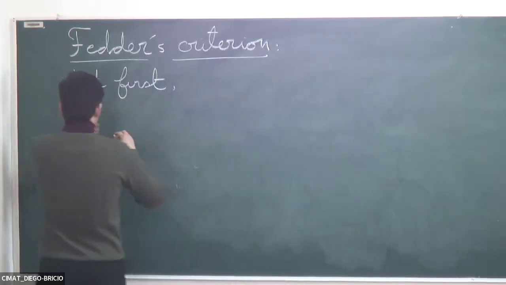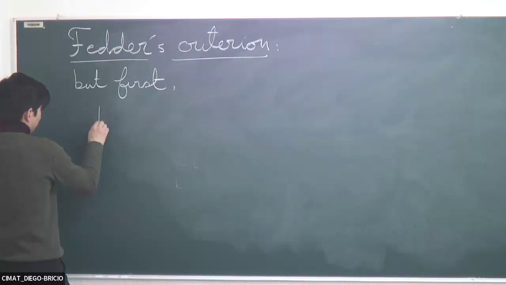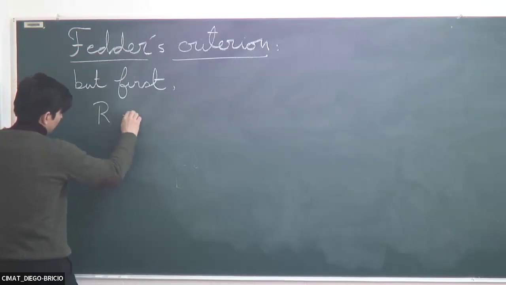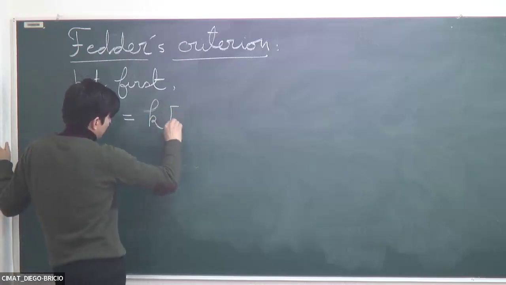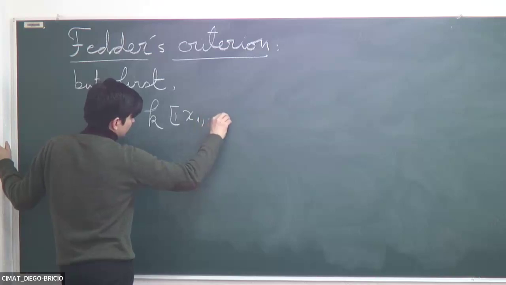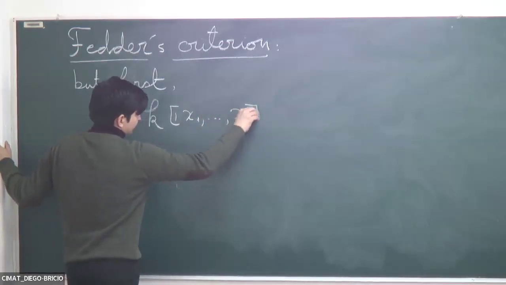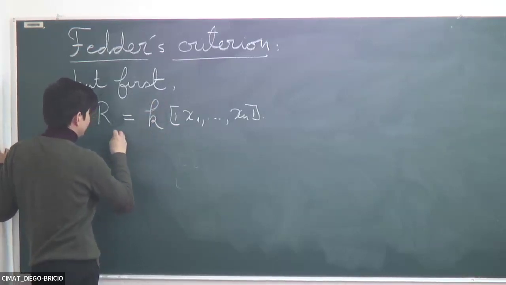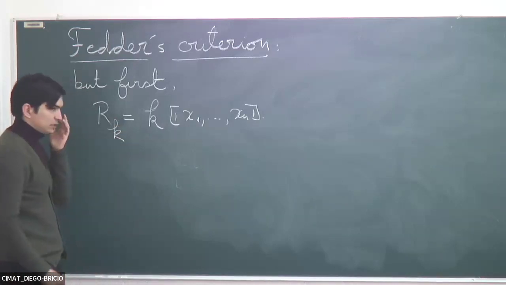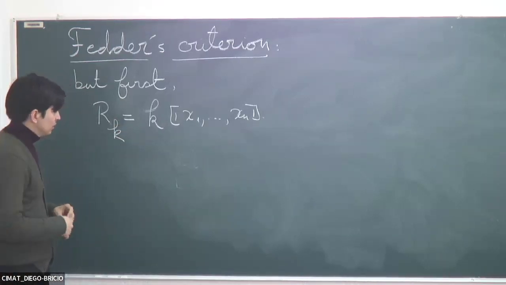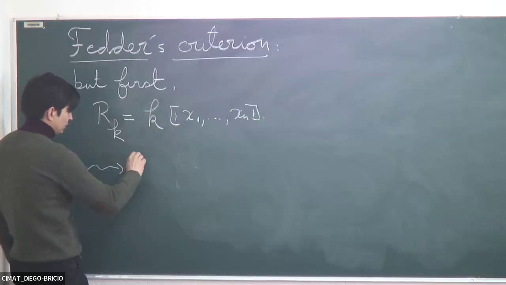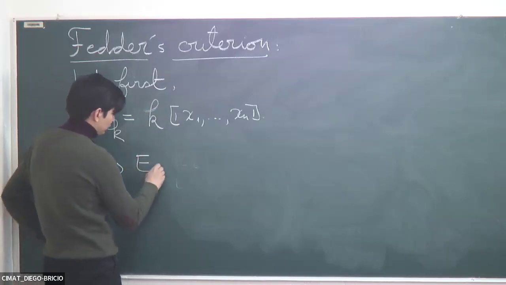So the other day we saw that if we take, let's call it R, we take this ring, we take K, and we take power series. So I want to understand what happens if you vary K. Because of that, I'm going to denote this ring as R sub K. If we have such an explicit ring, I told you that you can define the injective hull of the residue field.